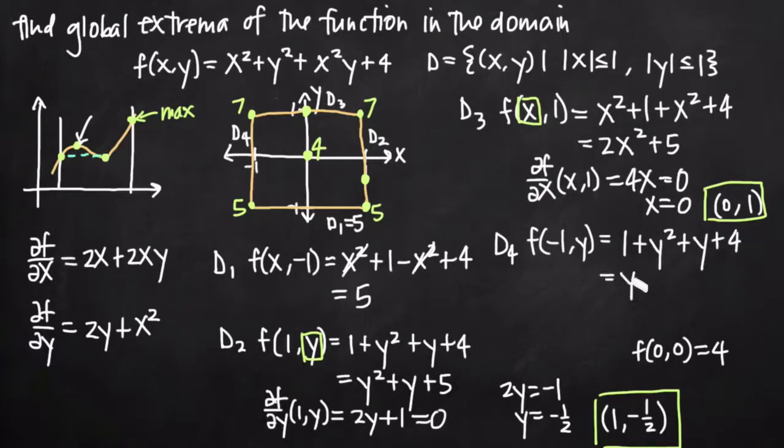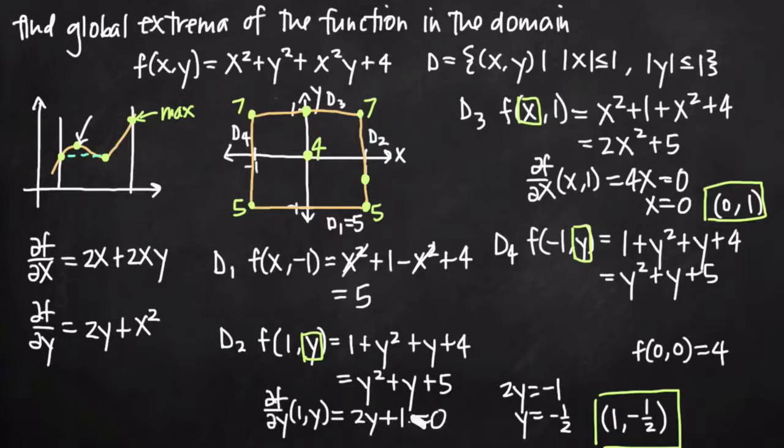This is going to simplify to y squared plus y plus 5. Now realize here that this is the same equation that we ended up with over here for the line segment d sub 2, y squared plus y plus 5. Remember that we took the partial derivative with respect to y because y was the variable there that remained, and that's the same here. Y is the variable that remains. So we know our partial derivative is going to be the same.